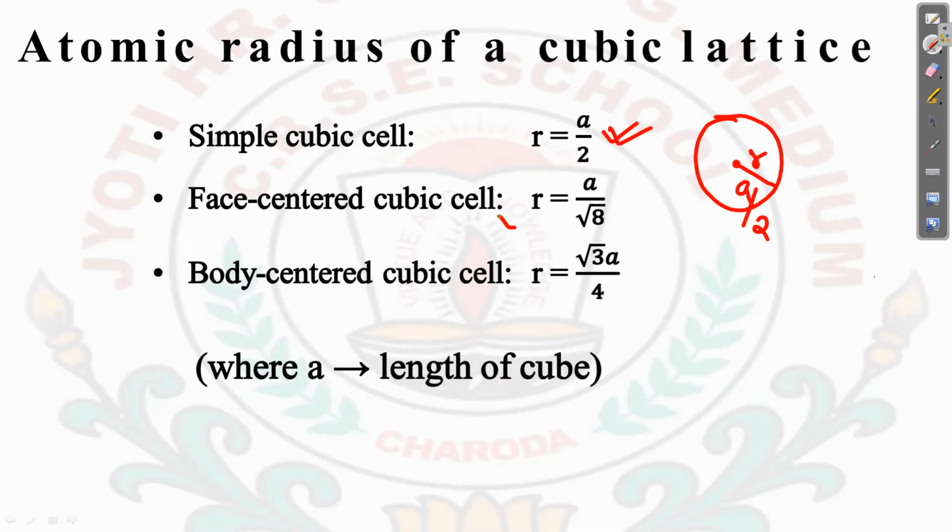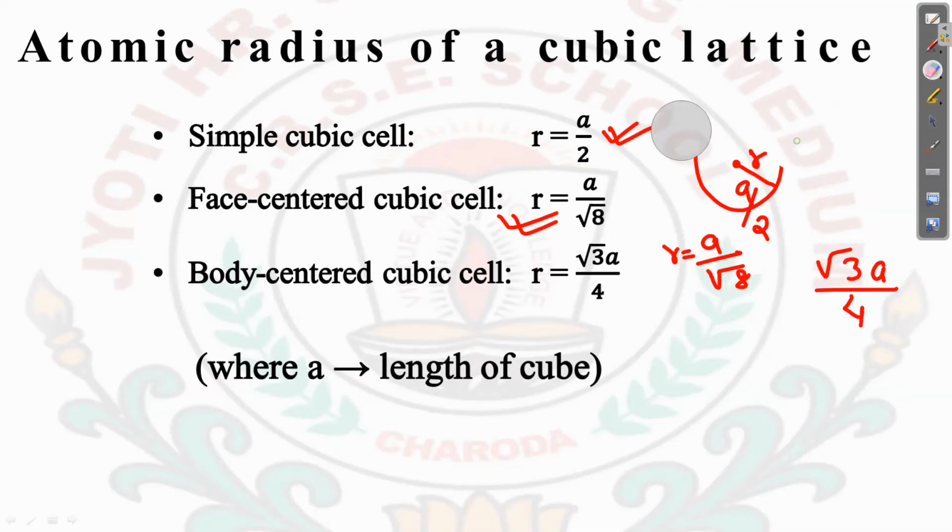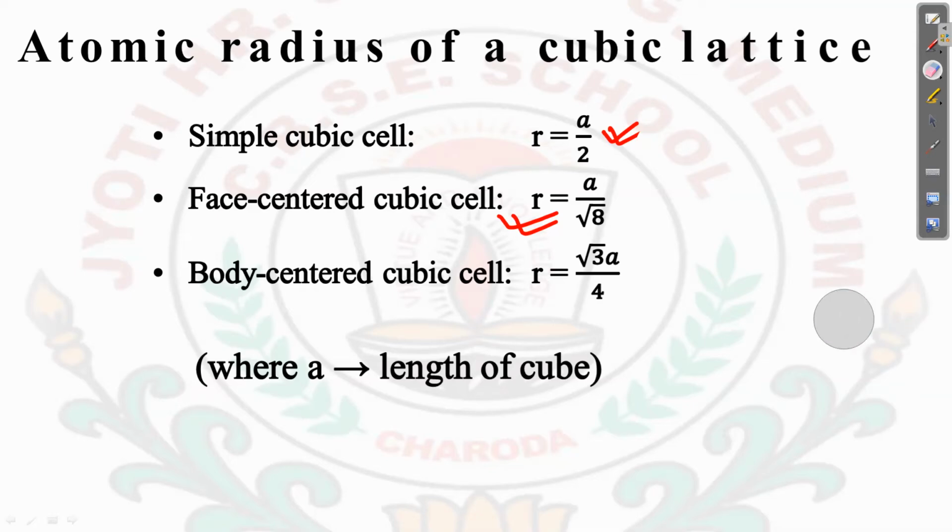While in case of face centered, it will be a upon under root 8. While in case of body centered cubic cell, it will be under root 3 into a upon 4. It will be like this. These are the r values, or radius values, for the particles constituting each cubic unit cell.